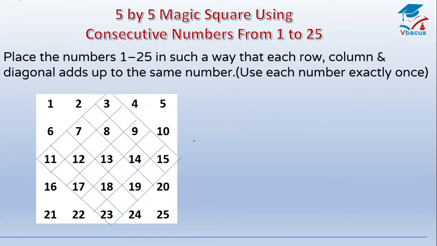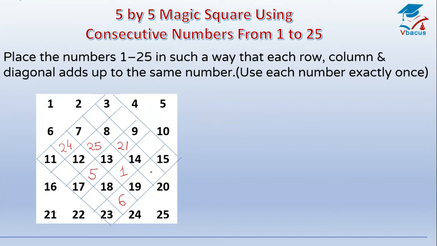This one will go here. This 25 will go here. Write 5 in this blank. Write 21 in this blank. And write 6 in this blank. 24 in this blank.